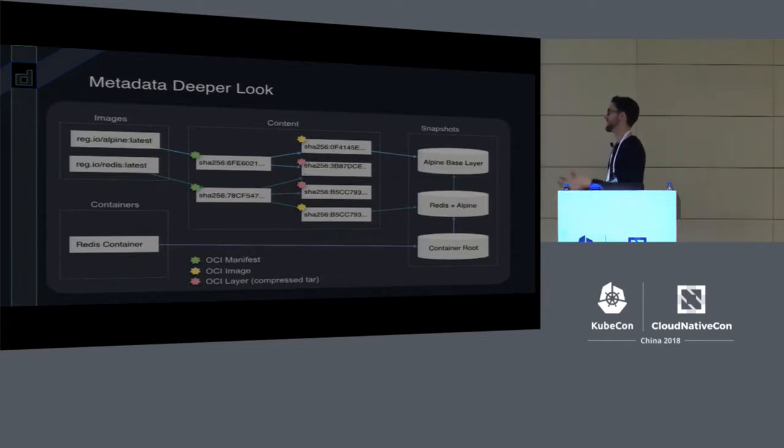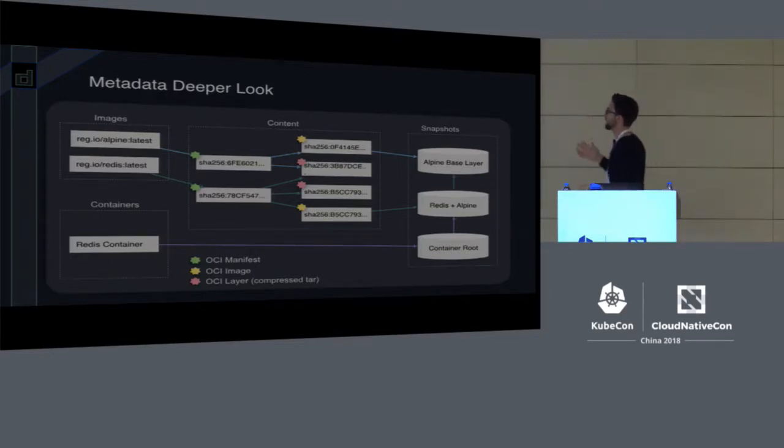But in the data model Docker has, it's harder to clean up data. So for containerd, we built that in from the beginning by having references between the data and top-level references that users will be more familiar with, such as images and containers. When you pull an image, it pulls down all the content, and then creates an image that points at that content.